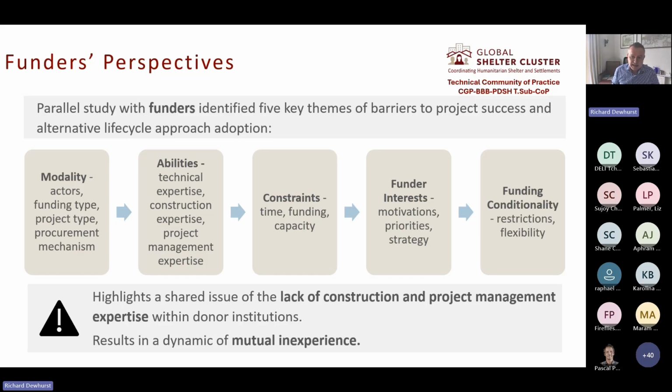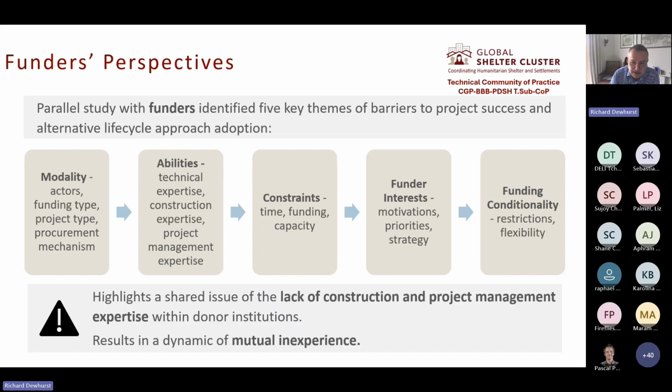The constraints, again, including time, limited funding, and limited capacity. The funder interests, so what are their motivations, their priorities, their strategic goals. And funding conditionality, so what are the restrictions and flexibility donors have on how their funds can be allocated, and what's the level of unrestricted funding to be able to fund these early phases.